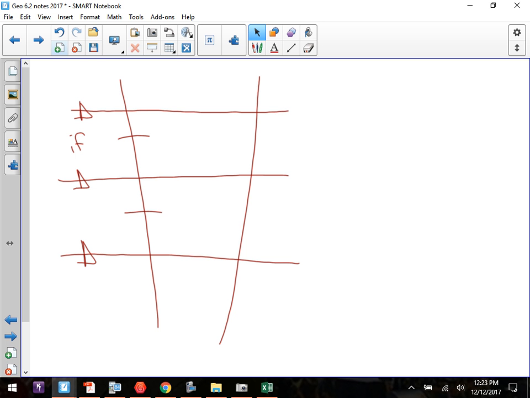If you have three parallel lines and you have two transversals, if two of the segments on one transversal are congruent, then the other two segments on the other transversal have to be congruent to each other. So if these two are the same, then those two have to be the same.